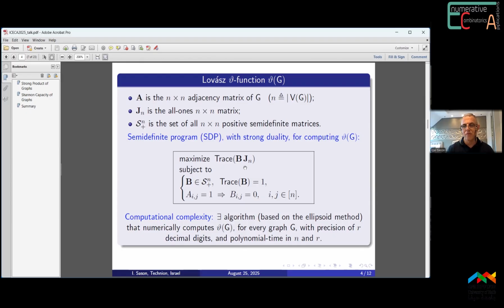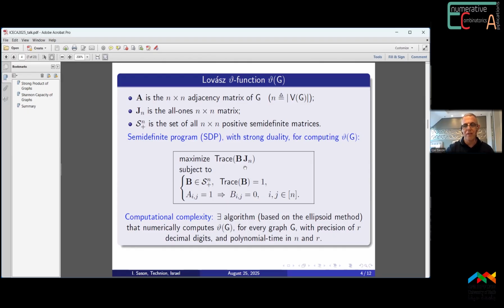The Shannon capacity of the cycle of length 5 was determined 21 years after Shannon introduced the Shannon capacity of graphs, and it is known to be the square root of 5.